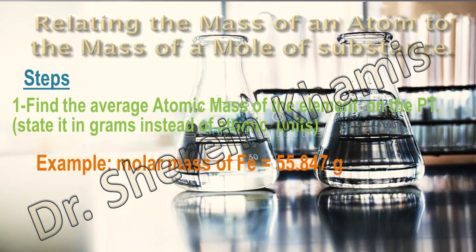If we have the molar mass of iron, how can we measure it? It's from the table. It's equal to 55.847 gram. Another one, the molar mass of platinum equals 195.08 gram.